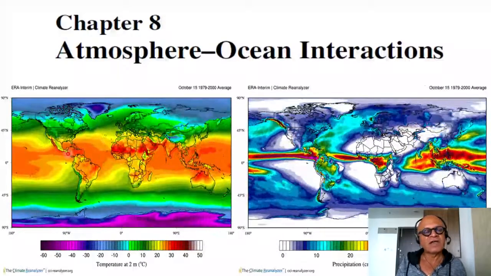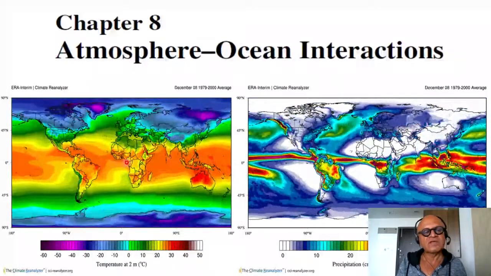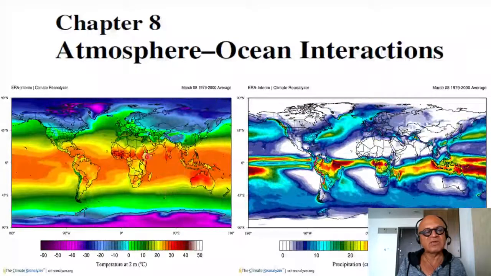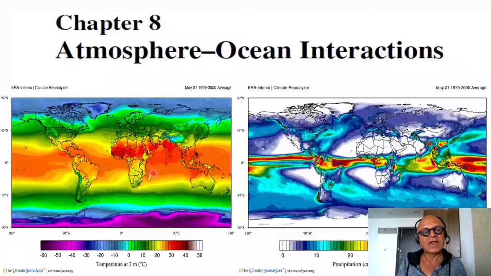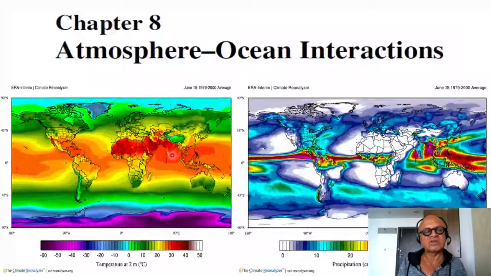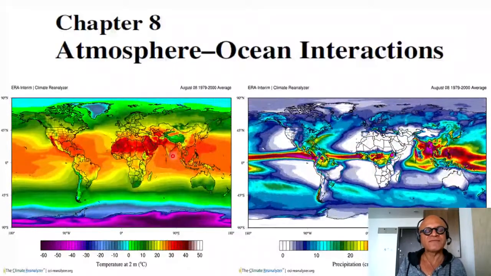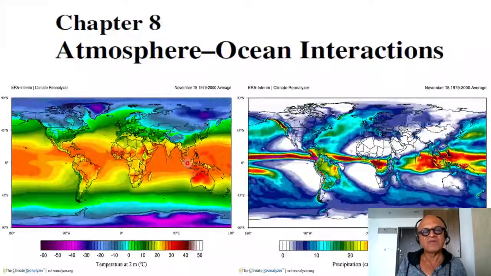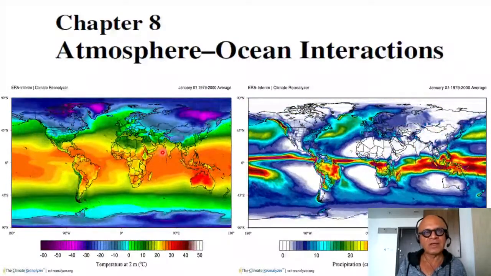And while the distribution is obviously closely related to the radiation balance, you can also see the ocean-atmosphere interactions, which themselves depend on the structure of the ocean, the land mass, the boundaries, and so on, and make for big differences locally.